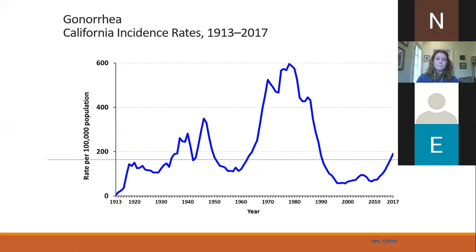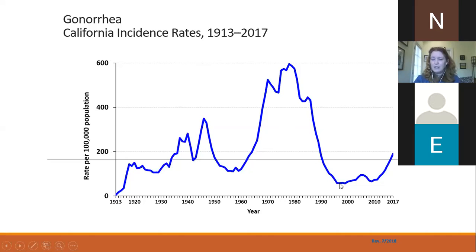Okay, so I wanted to show you what gonorrhea looked like over time. In the 1940s is when we first started having antibiotics, so they had a big drop. And then huge increases when the sexual revolution came in the 60s, 70s, 90s, and of course, the HIV epidemic here.